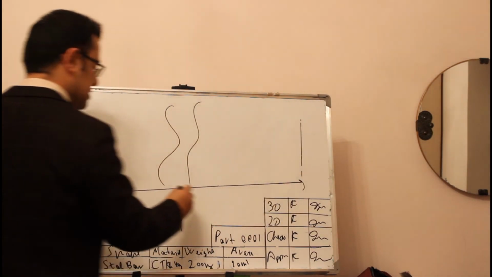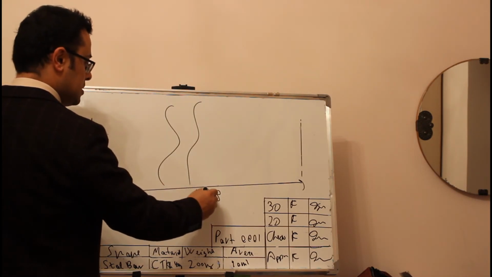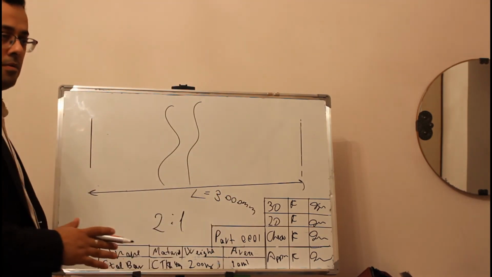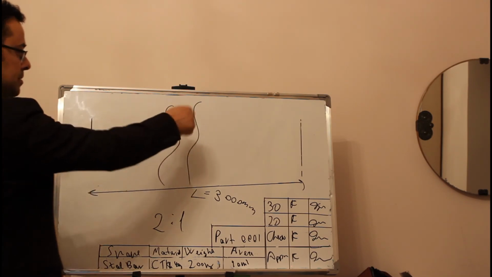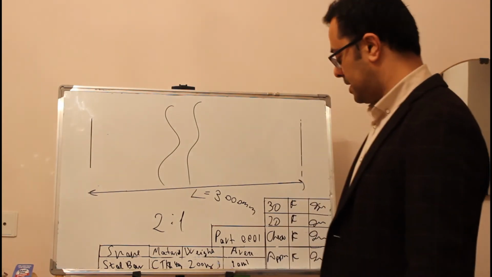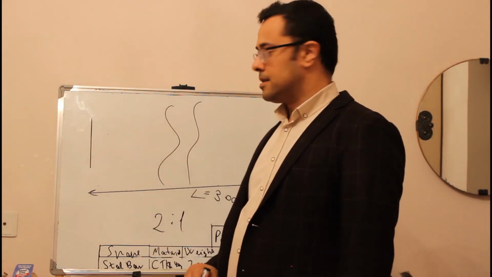So my friends, this is L equal 3000 millimeters. This is the length of the shaft, but as you see I made it shorter for myself. So let's start.